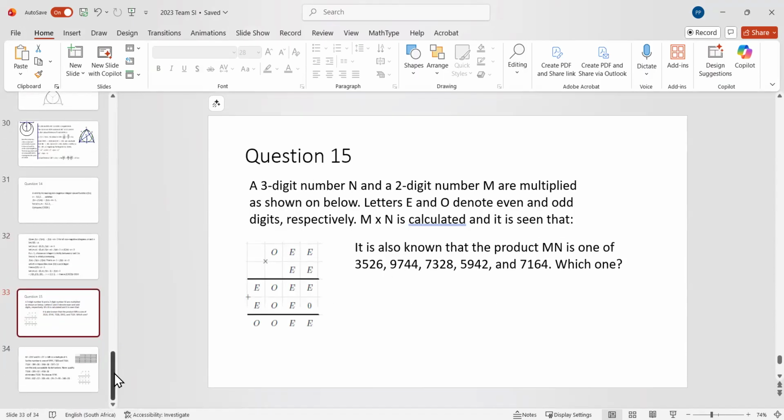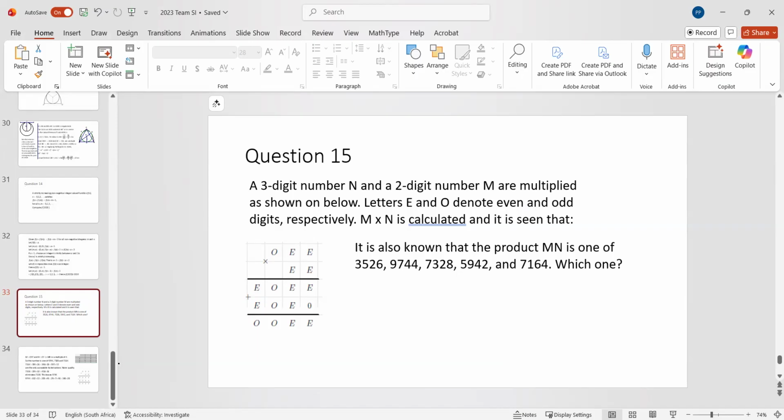Okay, now question 15. That's the last question. In this, a 3-digit number n and a 2-digit number m are multiplied as shown below. So there it is: n is a 3-digit number and m is a 2-digit number. Now this is not an alphametric. It says here that E and O are even and odd.